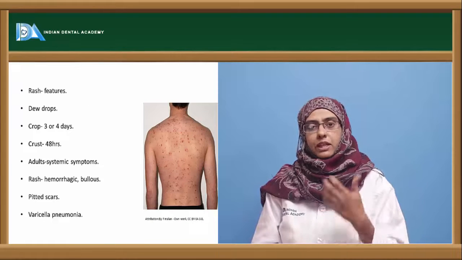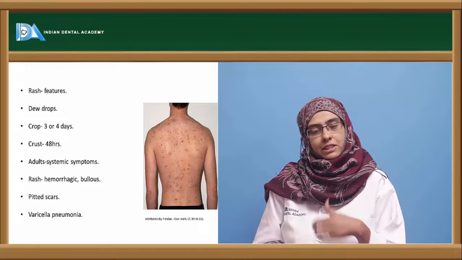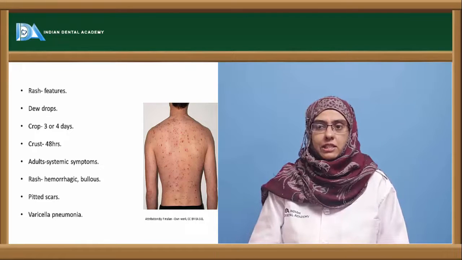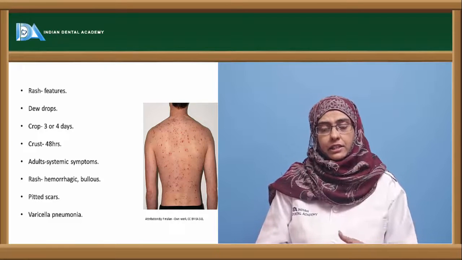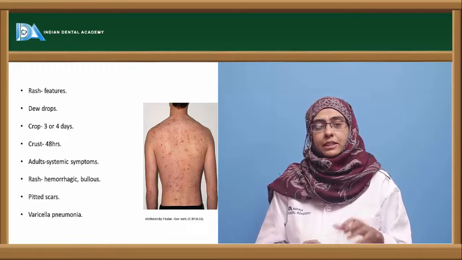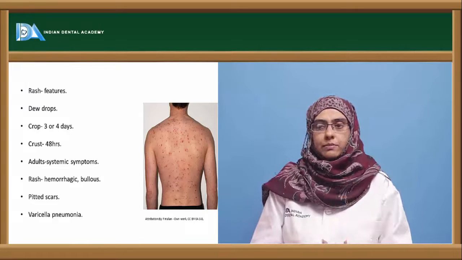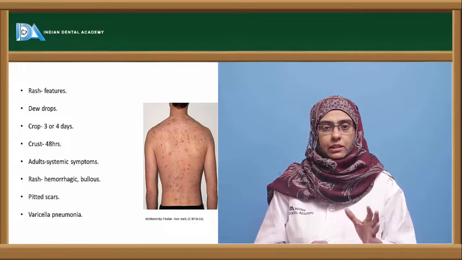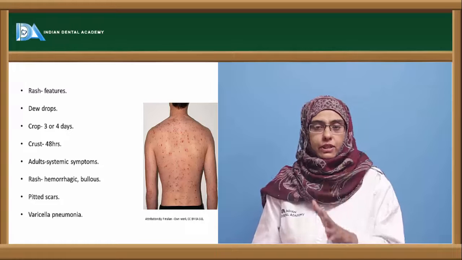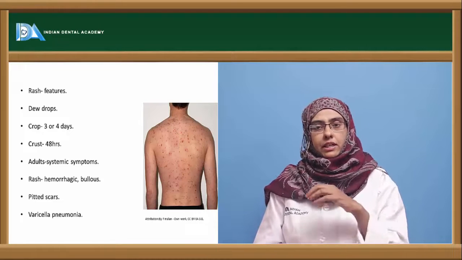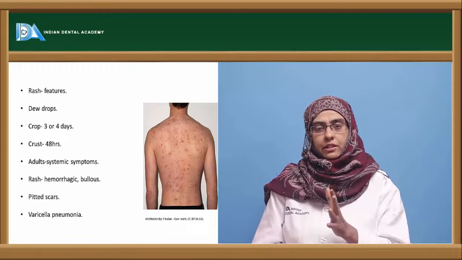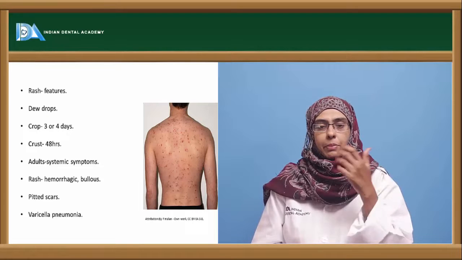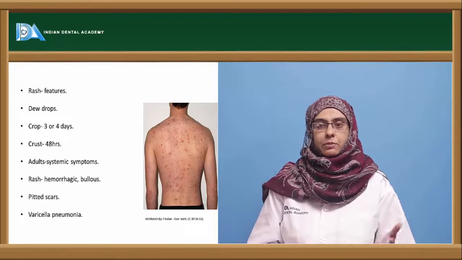The evolution is very rapid, and the spread of the disease is also very rapid in the initial stages. The lesion usually appears as dew drops on the skin, and the crops develop within 3 to 4 days, and form a crust within 48 hours. So rapid crusting is seen in this particular disease.